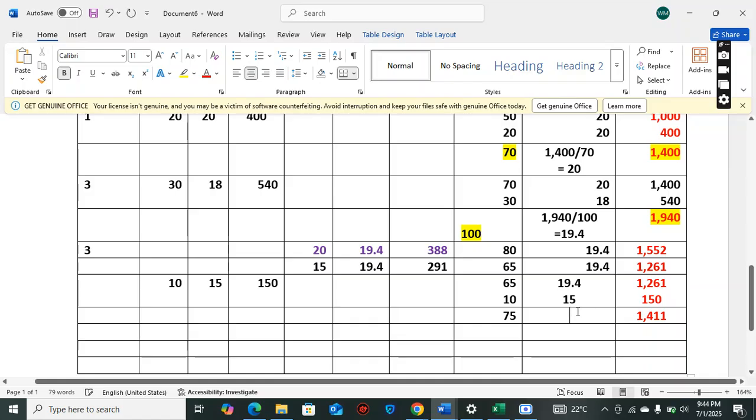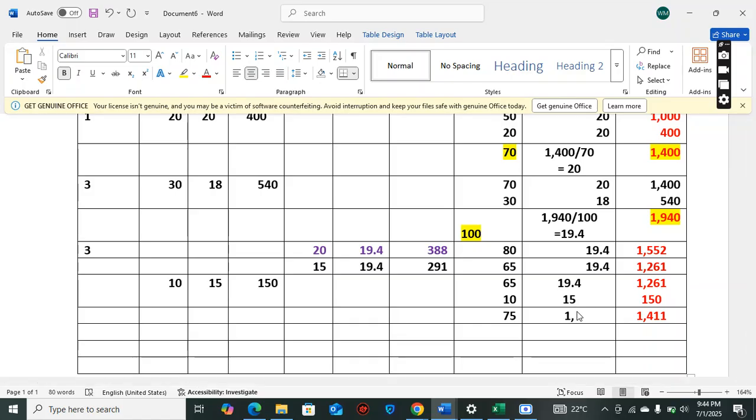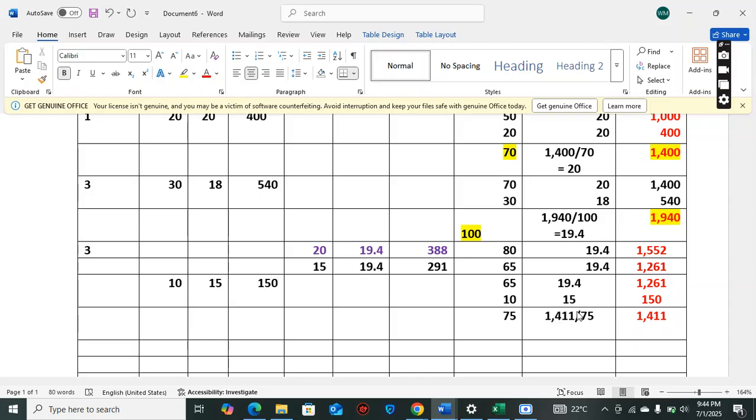Okay, so the average cost is going to be 1,411 divided by 75. What do I get? 18.8.